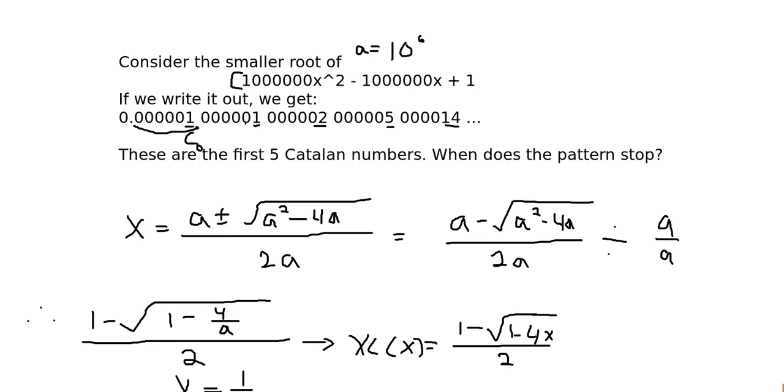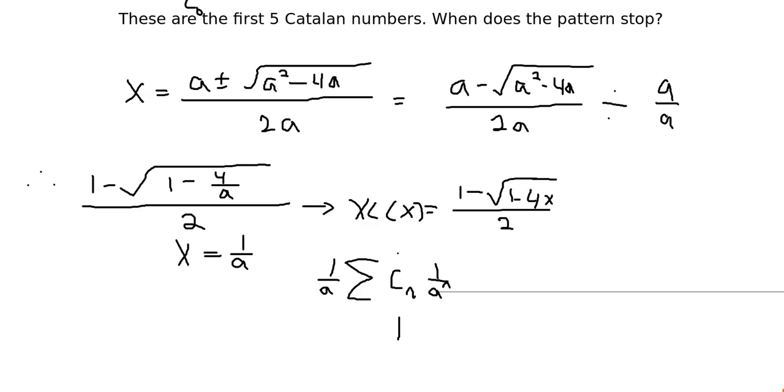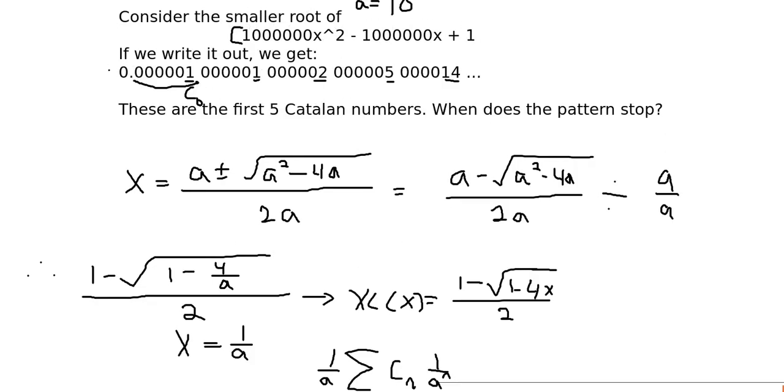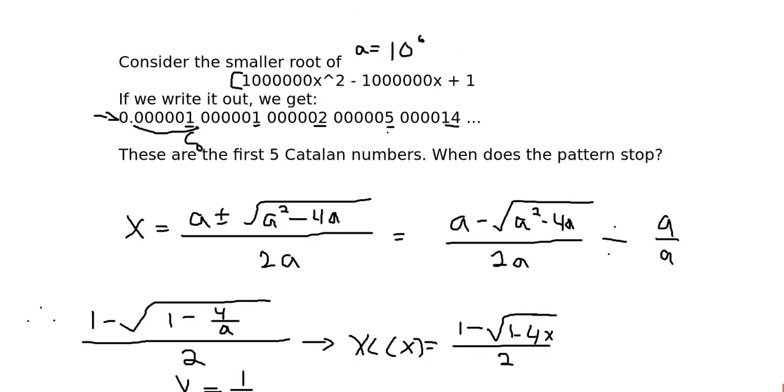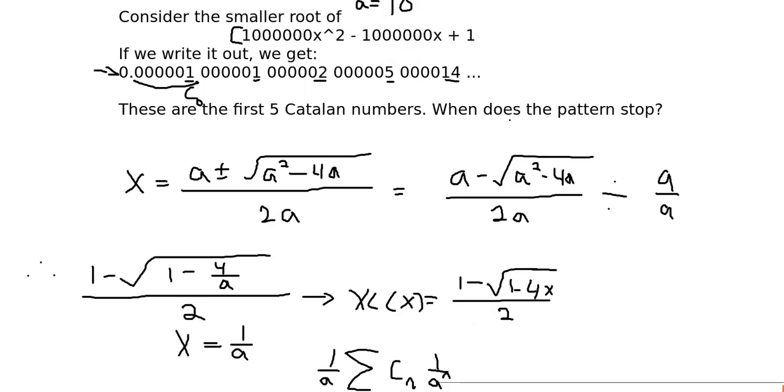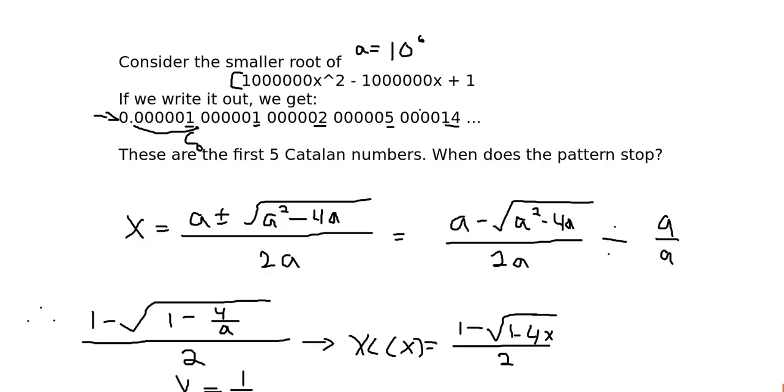And so if we've proved that this root is indeed related to the Catalan numbers, then maybe this pattern doesn't stop. But let's think about that more. If each number is taking up 6 digits of space, what happens when we have a Catalan number that takes up 7 digits of space? We can't just compress it.